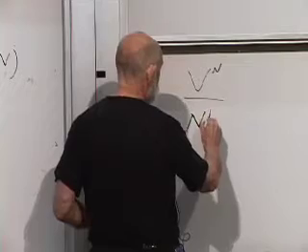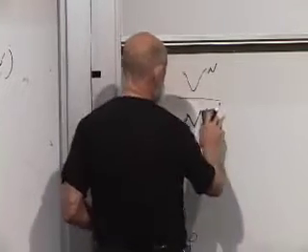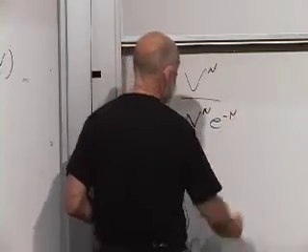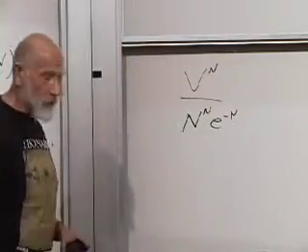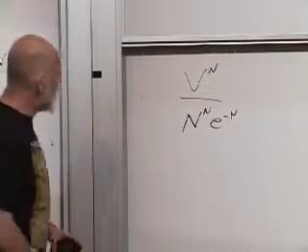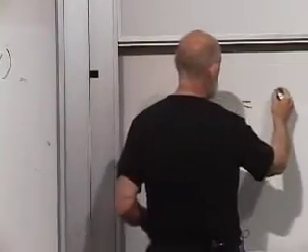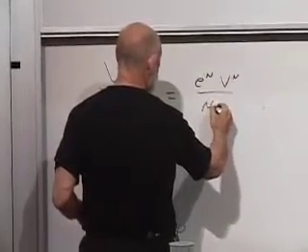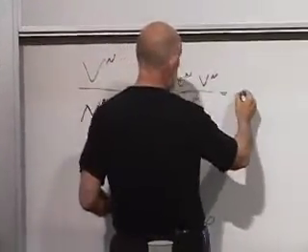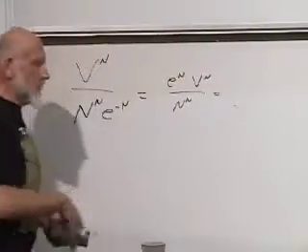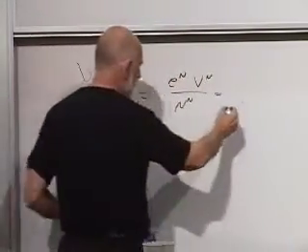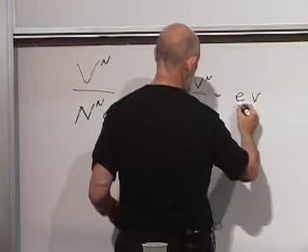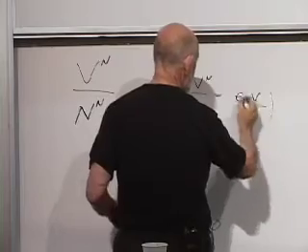N to the N, e to the minus N. Which is equal to e^N V^N over N^N, which in turn is e times the volume over N, to the Nth.